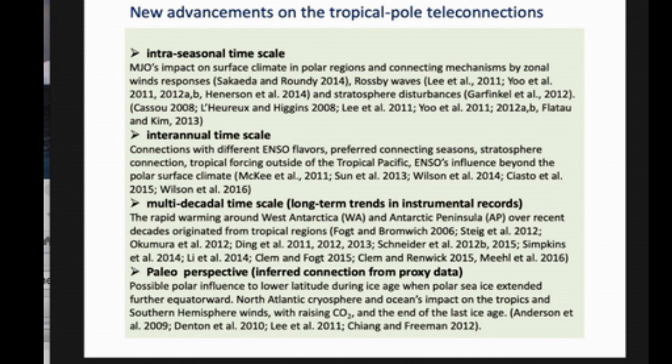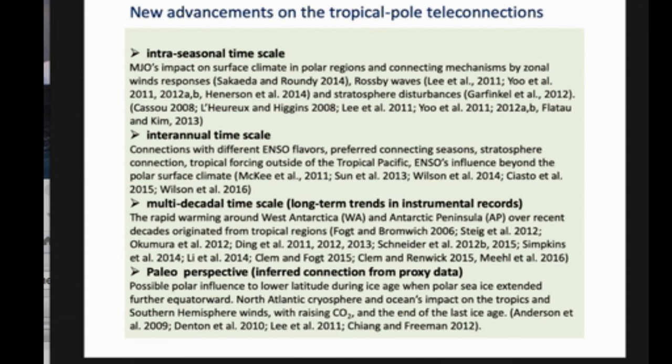The second one is the interannual timescale, which is basically ENSO. What the new discovery is, is the connections of different ENSO flavors. People find that there's Eastern Pacific El Nino and Central Pacific El Nino.